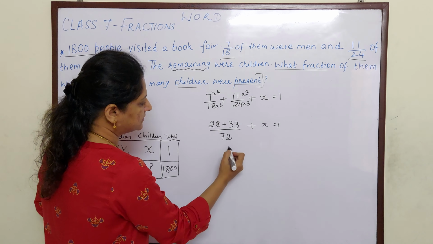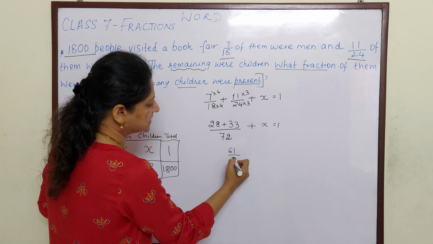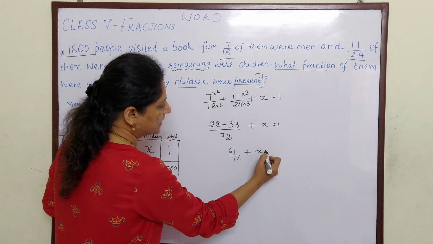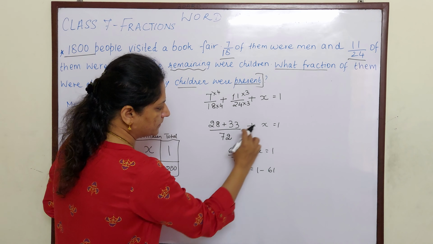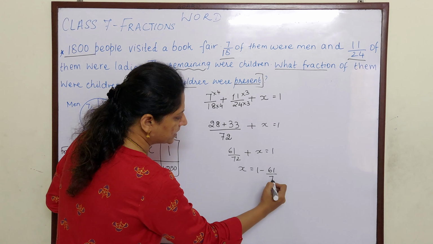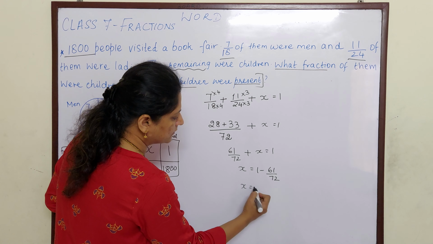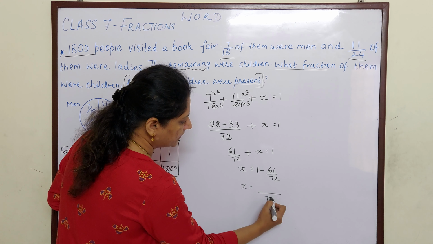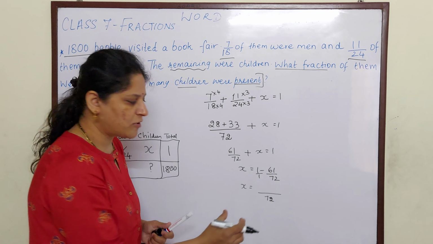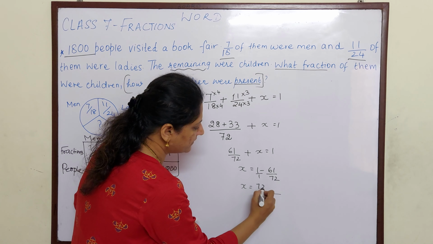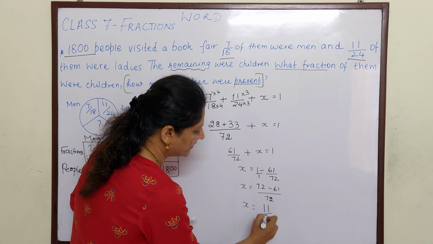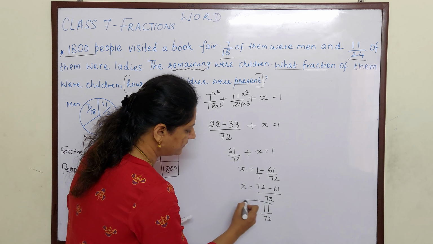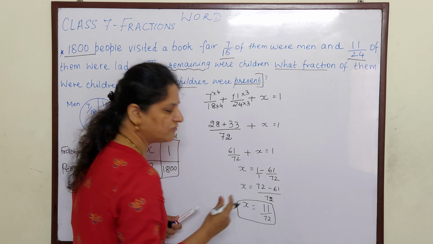So when I add this, I will get 61 by 72 plus x is equal to 1. So x is equal to 1 minus 61 by 72, because when plus 61 goes to this side, it becomes minus. So x is equal to 72 minus 61 over 72, because the LCM of both is 72. So x is equal to 11 by 72, and we have got the fraction of children.